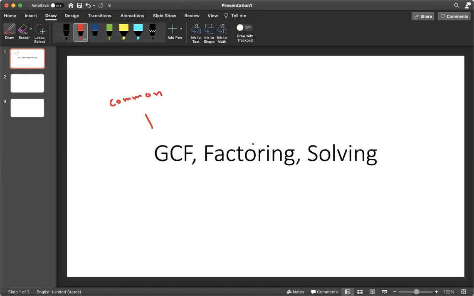Then when factoring, that means we are going from an expression or an equation like x squared plus x to x times x plus 1.